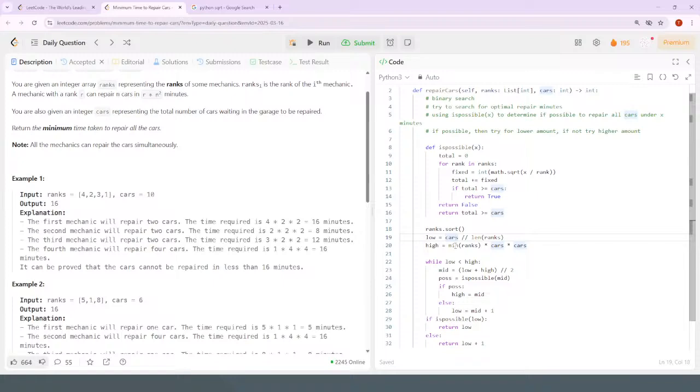Maybe it could be slightly better, because that's going to be a pretty big number. If you did the average, each person does the average amount, kind of. I think that's going to be a smaller number, each person doing the average amount.